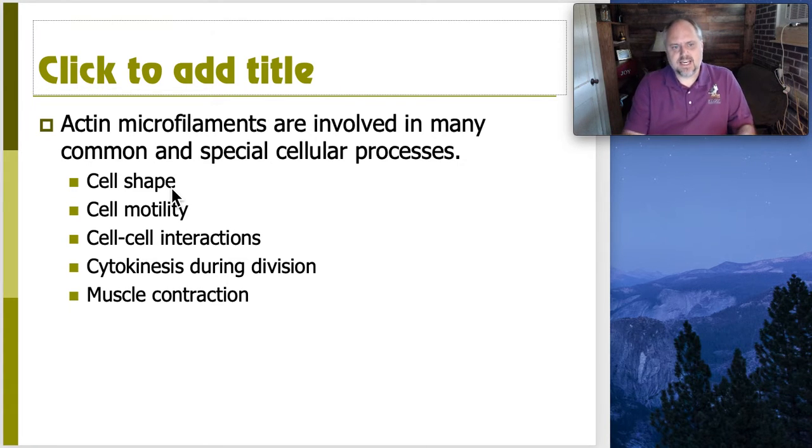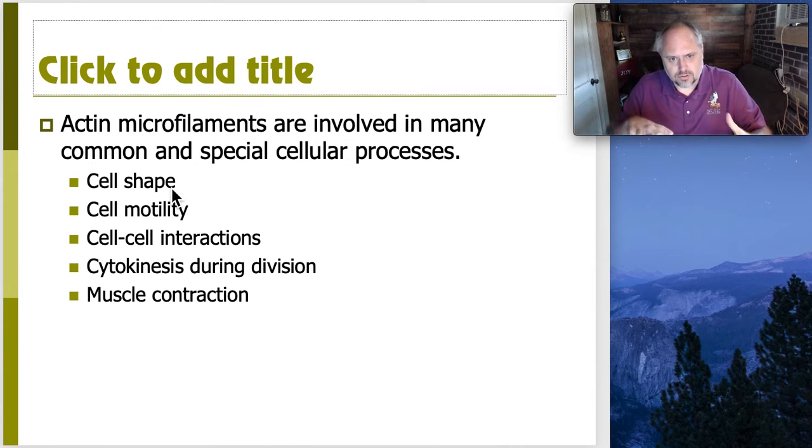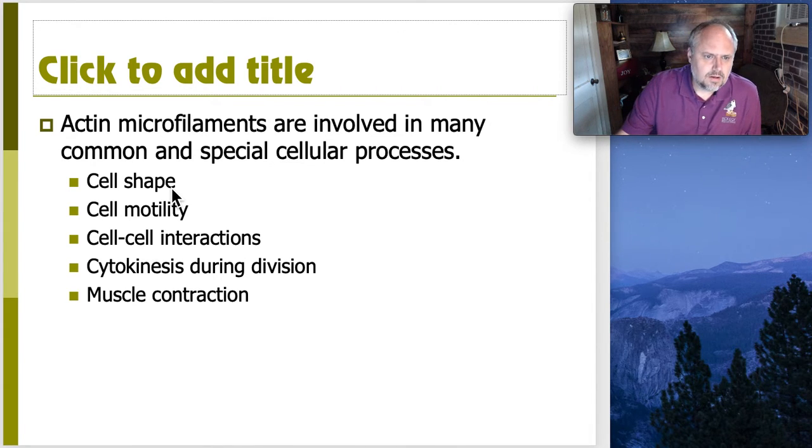Cell shape in this case is, as you organize these actin filaments, because remember the plasma membrane is sitting on top of it, by changing the shape of these microfilaments you can actually change what the surface of the cell looks like, or the shape that the cell is taking.